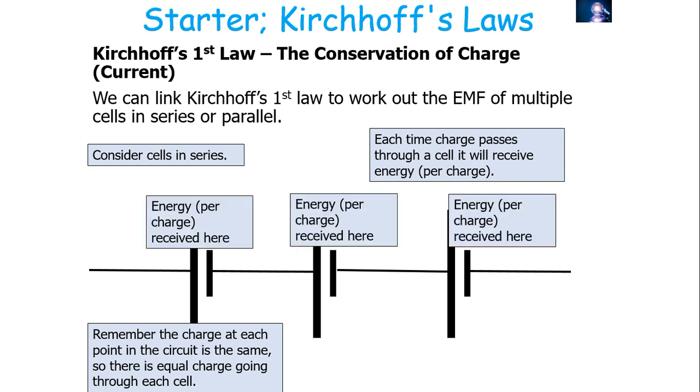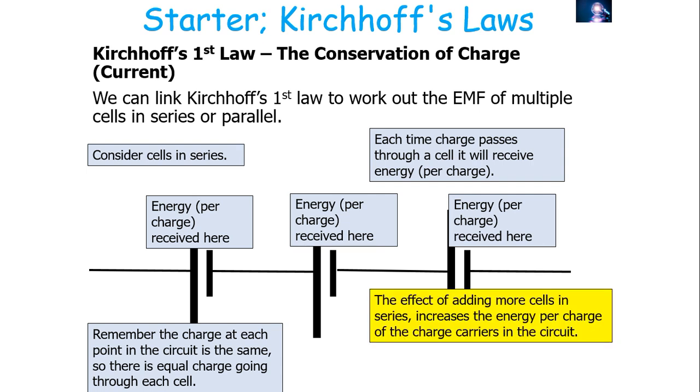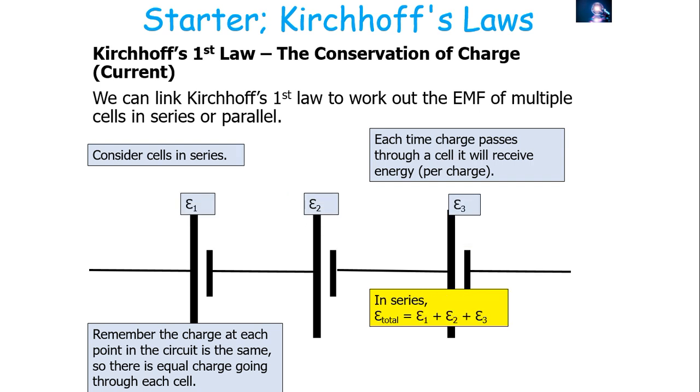So the energy per charge received at each cell is going to be the same. Now the adding of more cells in series increases the energy per charge of the charge carrier, because each time a charge carrier passes through one of these cells, it'll have an increase in EMF. So basically, adding more cells in the circuit increases your EMF into the circuit. So mathematically, the total EMF is equal to the EMF of each individual cell in series summed together.